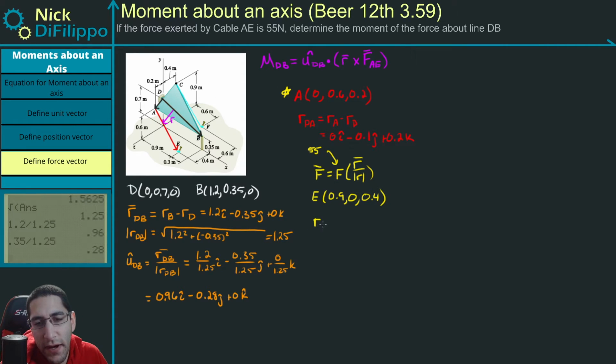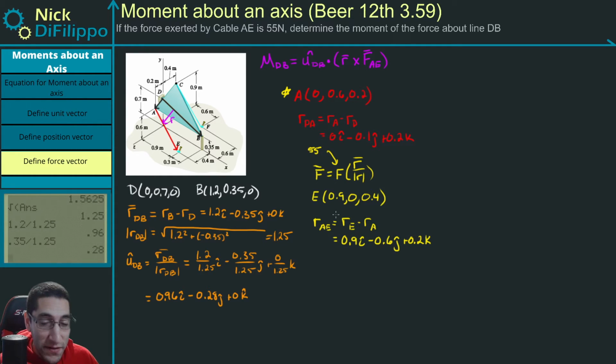So this position vector is the position vector AE. It's going to be equal to E minus A. And this is going to be equal to 0.9i, 0.9 minus 0, and then minus 0.6j, and 0.4 minus 0.2 is plus 0.2k.